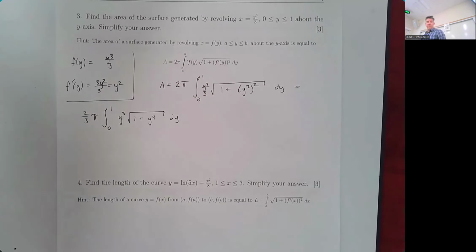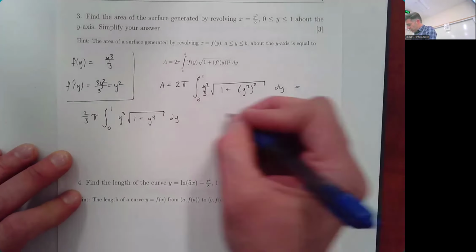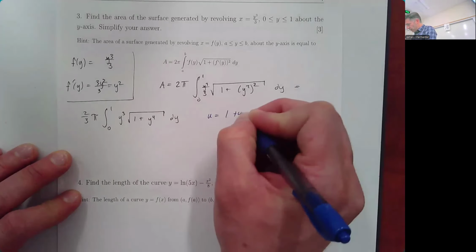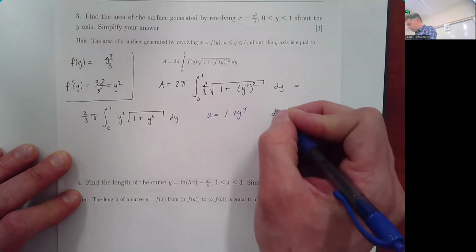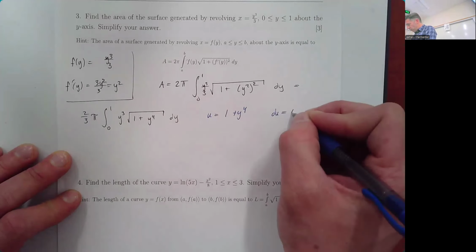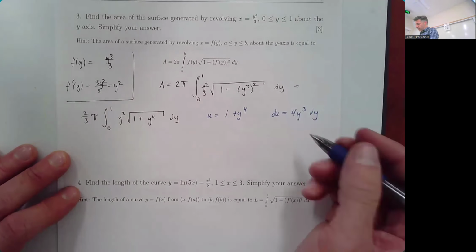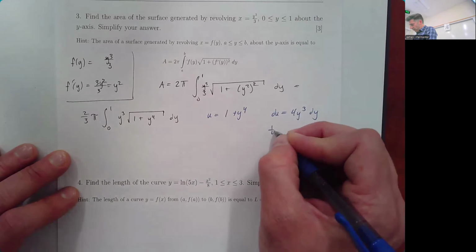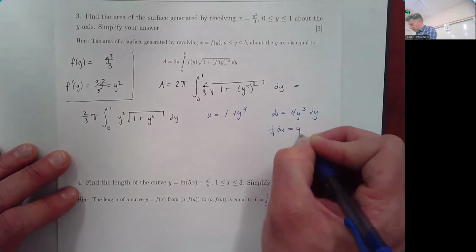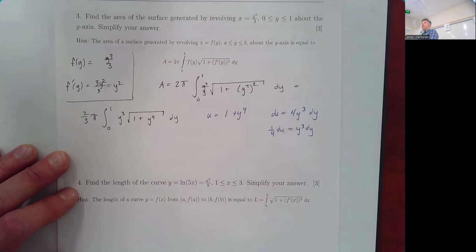Let u equal the stuff inside the square root. So we're going to let u equal 1 plus y to the 4th. Our du is 4y cubed dy. I don't have a 4, so I'm going to say that 1/4 du is equal to y cubed dy. And I'm also going to change the limits of integration.